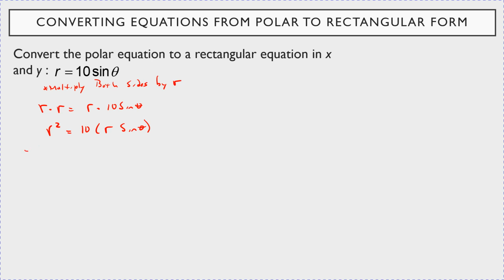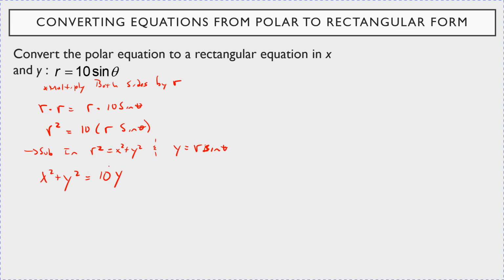So we're going to sub in r squared is equal to x squared plus y squared, and y is equal to r times sine of theta. So the left-hand side becomes x squared plus y squared is equal to 10 times y.